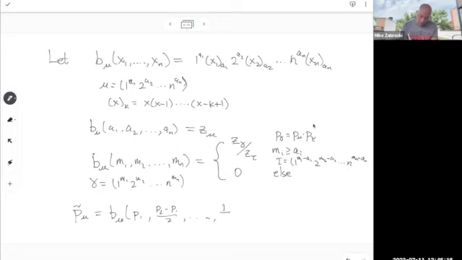So I'm going to reverse engineer my symmetric function by evaluating the xi's at my Mobius inversion of my p's: the sum over d dividing n of mu of n over d times pd.